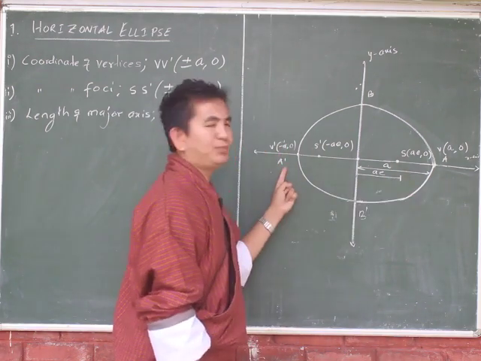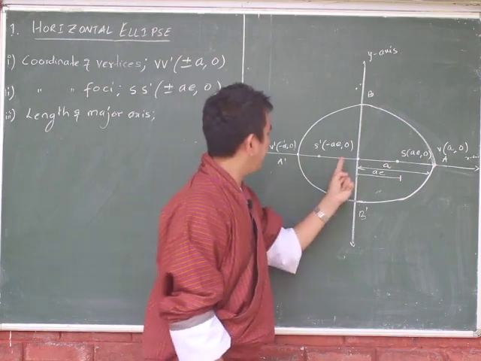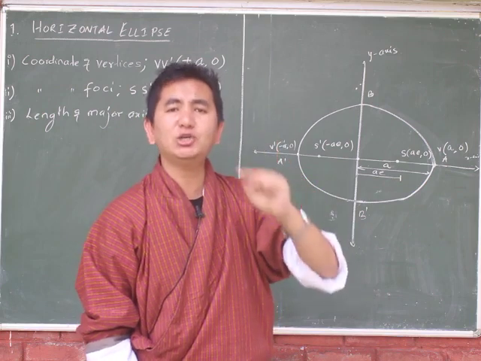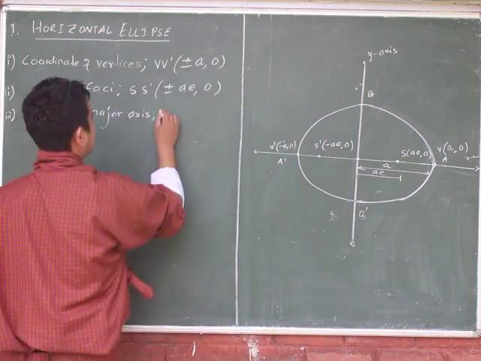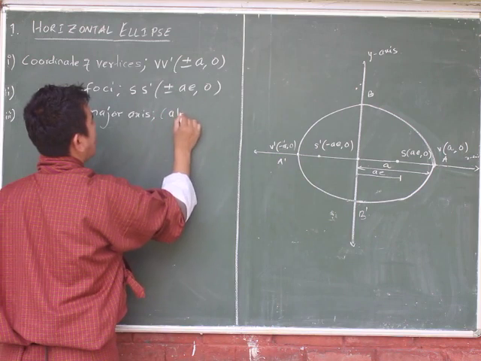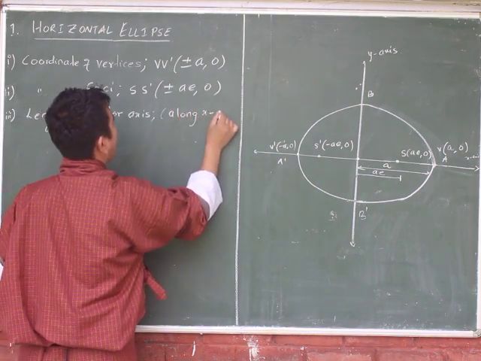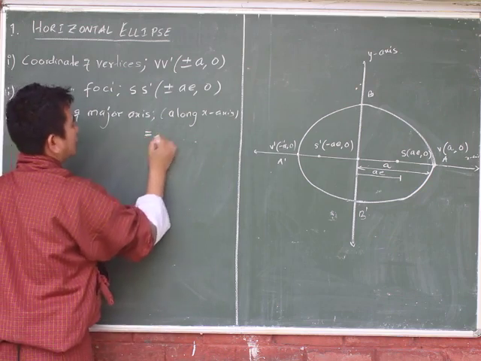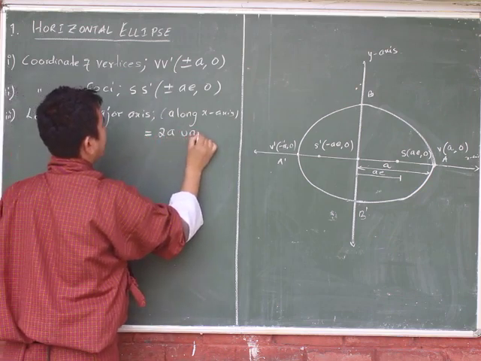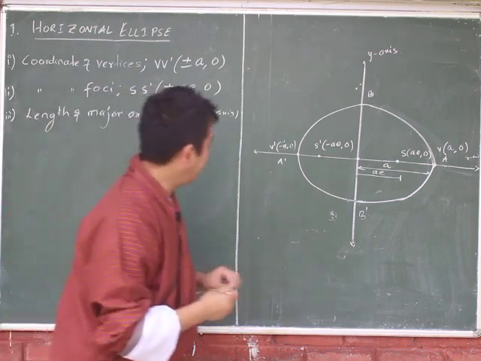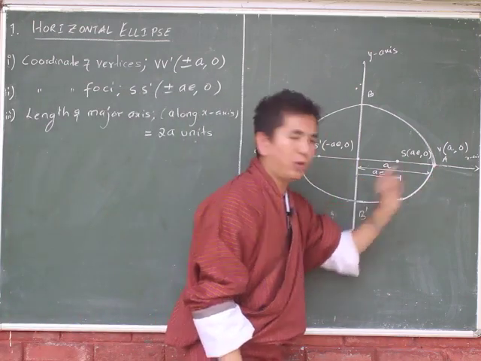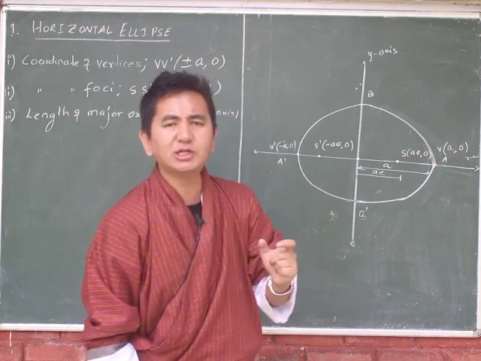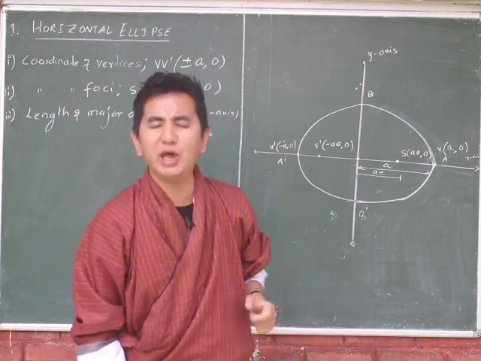A to A dash becomes the length of major axis, but from the center to here, A becomes the length of the semi-major axis. So the length of major axis, which is along the x-axis, is equivalent to 2A units. From this point A, and from this point A, so the total length becomes 2A units.